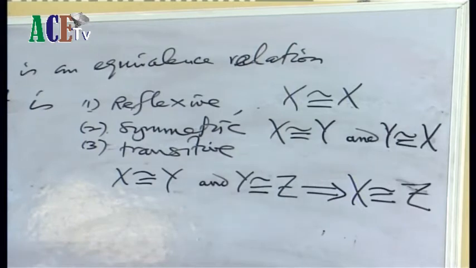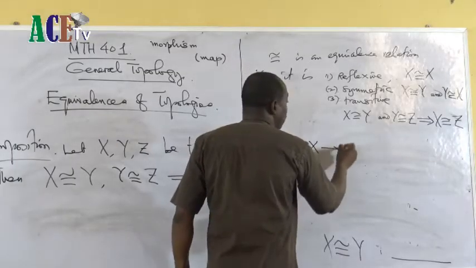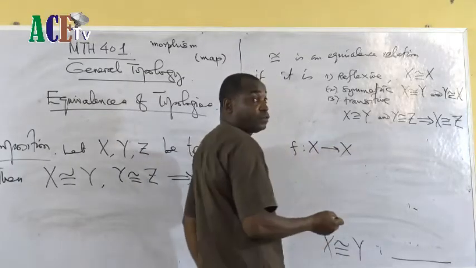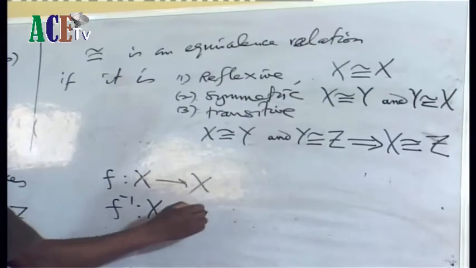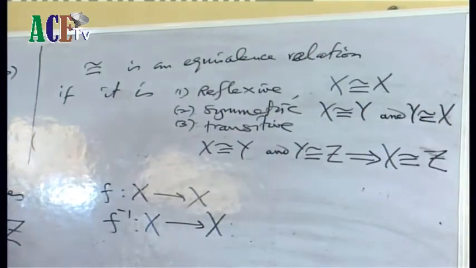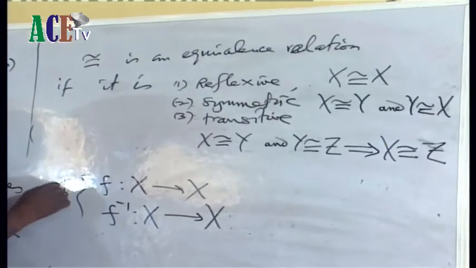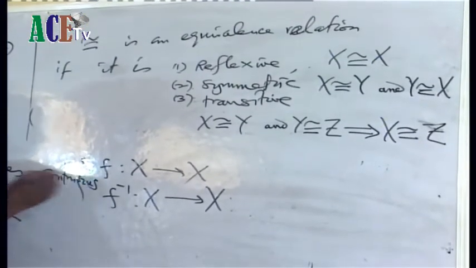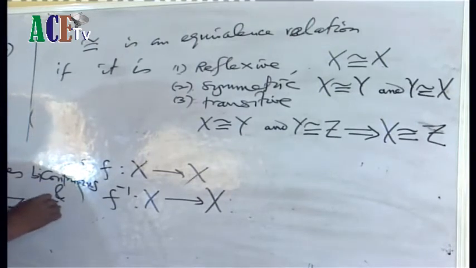And you will also see that the map F, which maps X to X, is continuous, and its inverse too also maps X to X. So it doesn't change anything, and it's still going to be continuous, bicontinuous, and bijective.